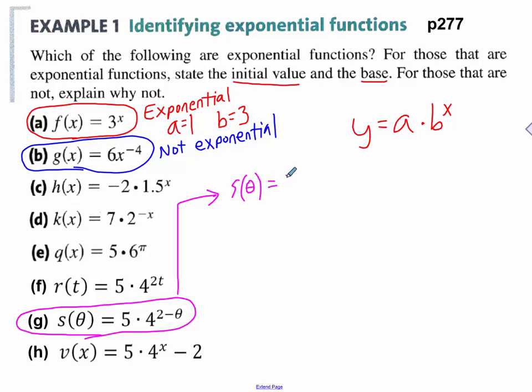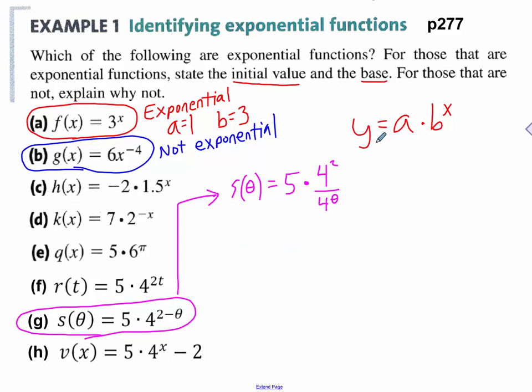S of theta equals 5 times 4 to the 2 minus theta. Remember, that can be broken up in a couple different ways. You may decide to write that as 4 to the 2 divided by 4 to the theta. That is totally valid.